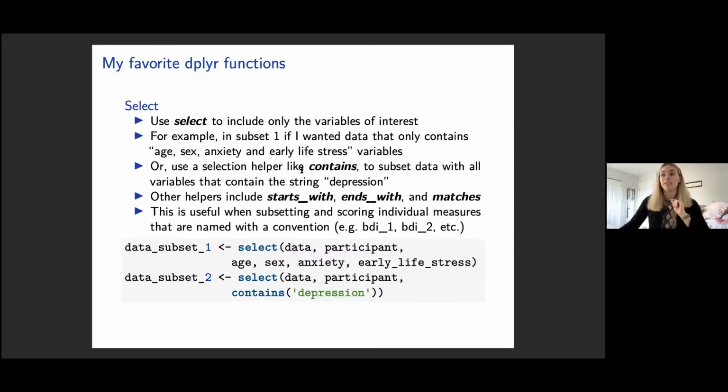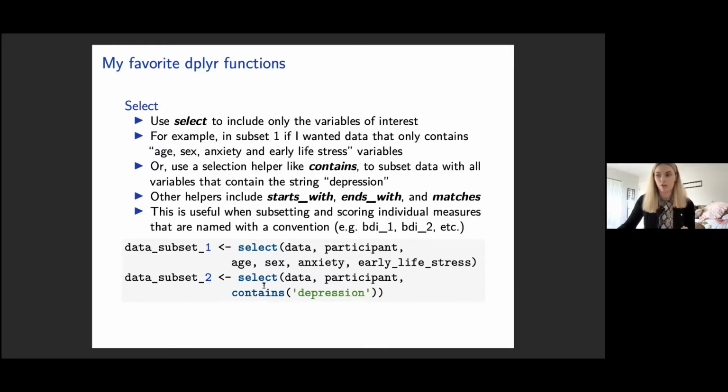Another really cool function that I use all the time is called selection helpers. There are a few different ones, some being contains, starts with, ends with. Say I wanted to select only the variables in a data set that were for the depression questionnaire.